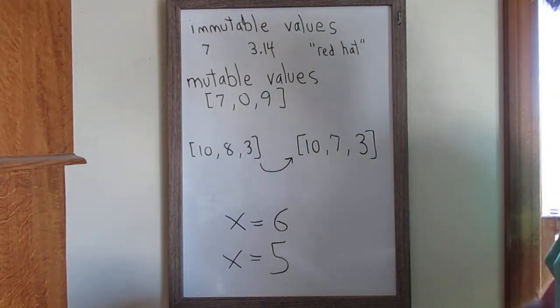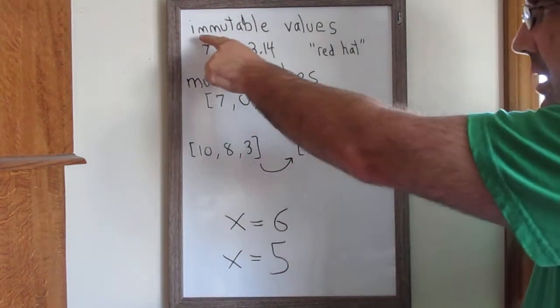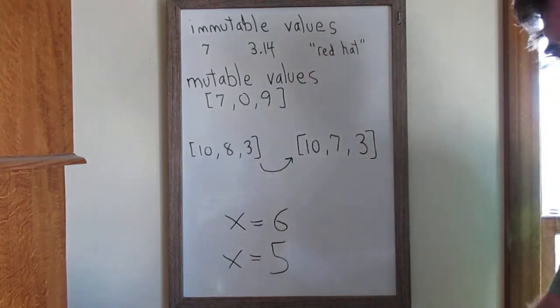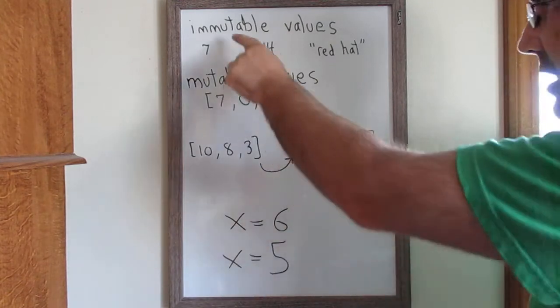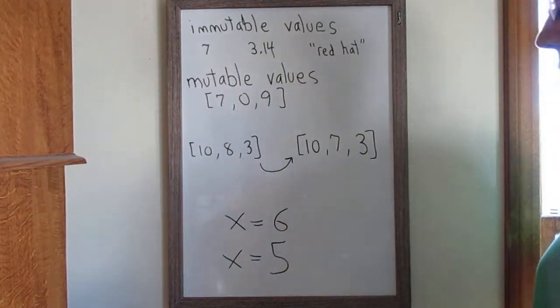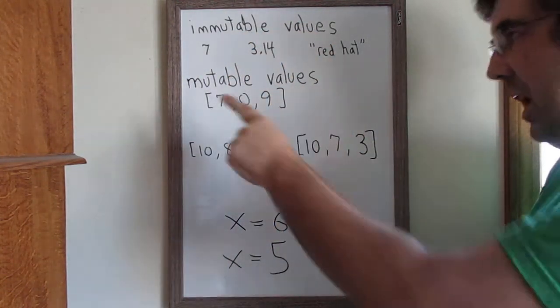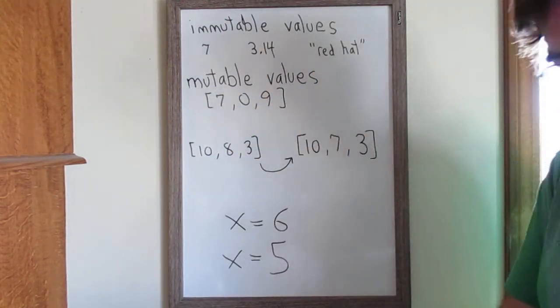An immutable value is a value that you cannot modify in place. So any value is either this or this. So an immutable value is a value that is not a mutable value.